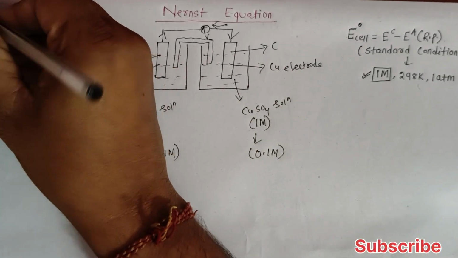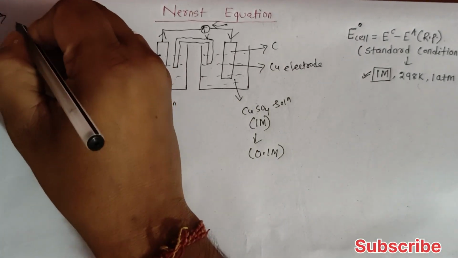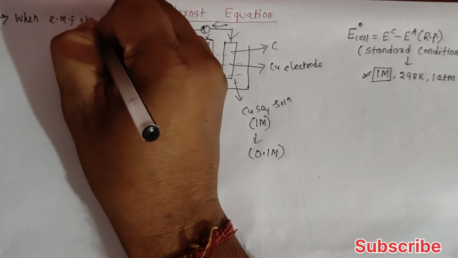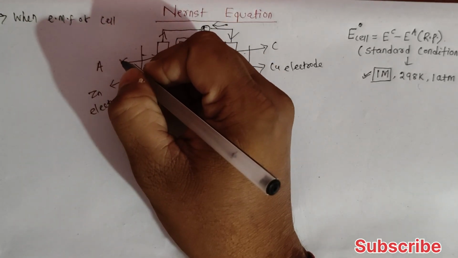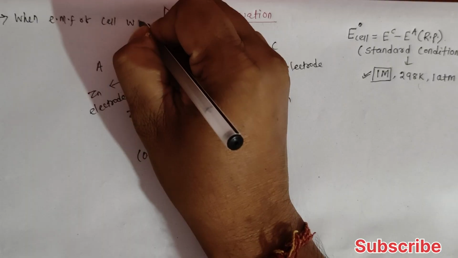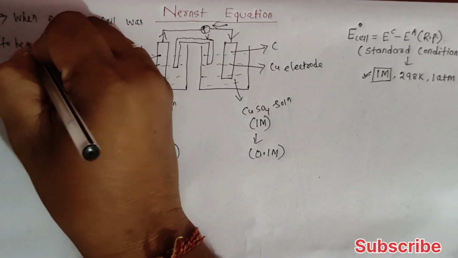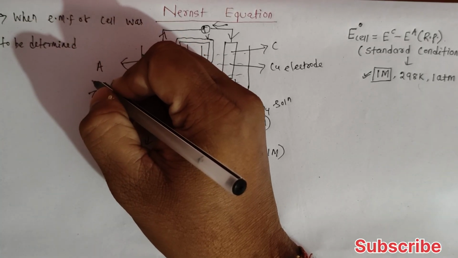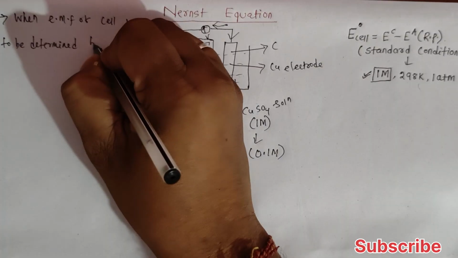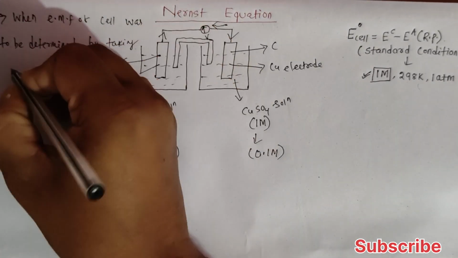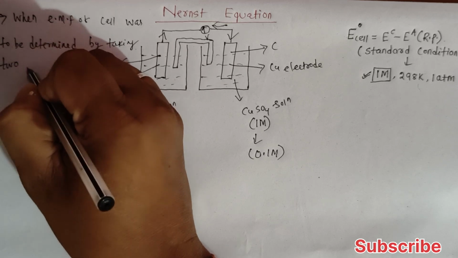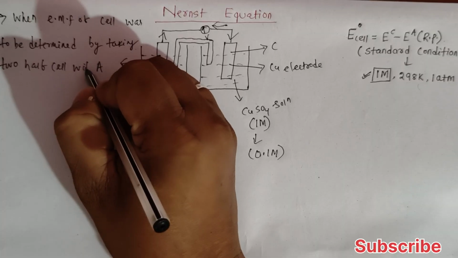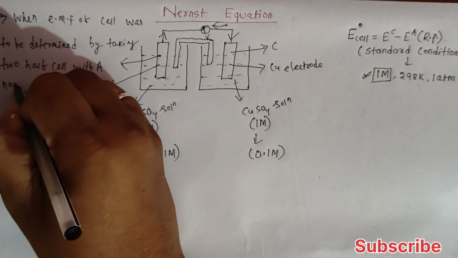The definition of the Nernst equation is: when the EMF of a cell is to be determined by taking two half cells with non-standard conditions.